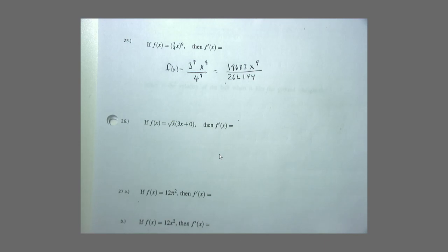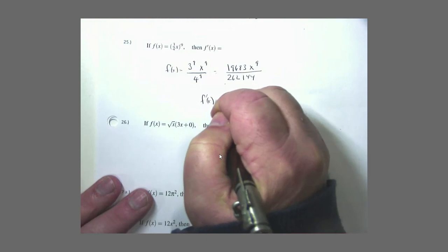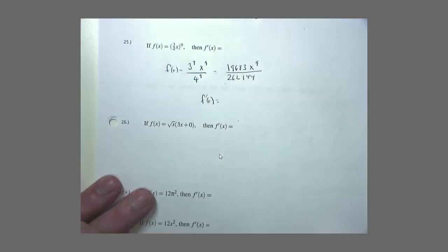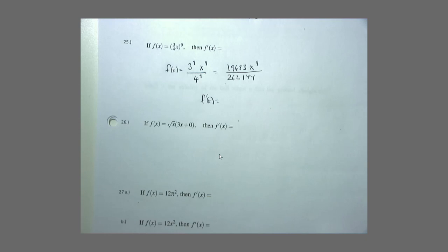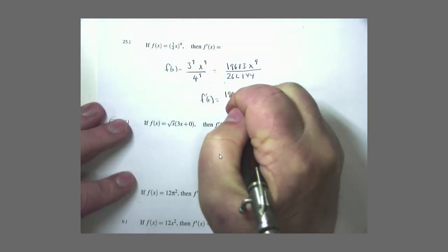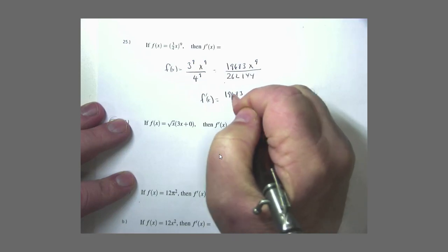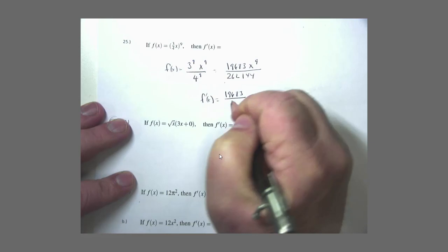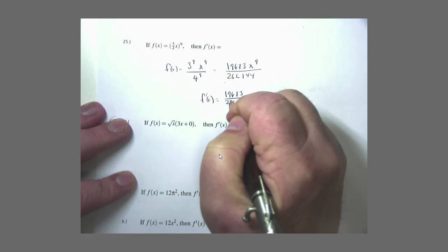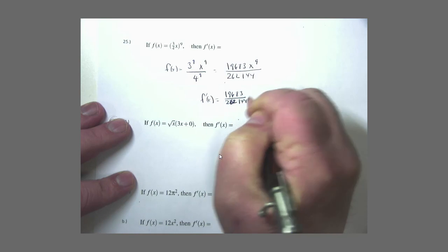What is f prime of x? Well, first rule when you take derivatives, constants that are being multiplied by a variable, what do constants get to do? Hold over. So this is 19,683 divided by 262,144.